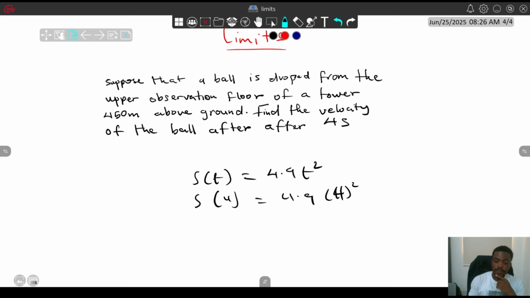Fine. So what we can do is take a point which is close to the fourth second that the object fell.